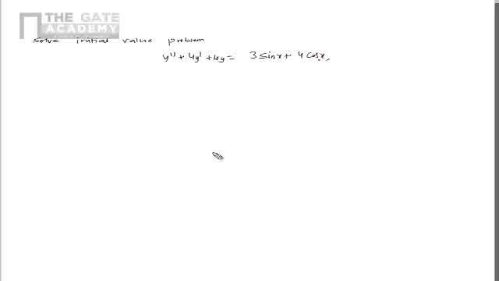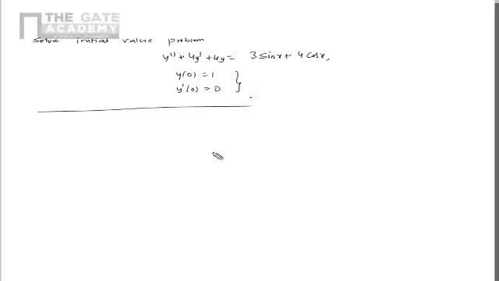The values are y(0) = 1, that is when x is equal to 0, y is 1, and y'(0) = 0. So under these two boundary conditions we need to solve this problem.